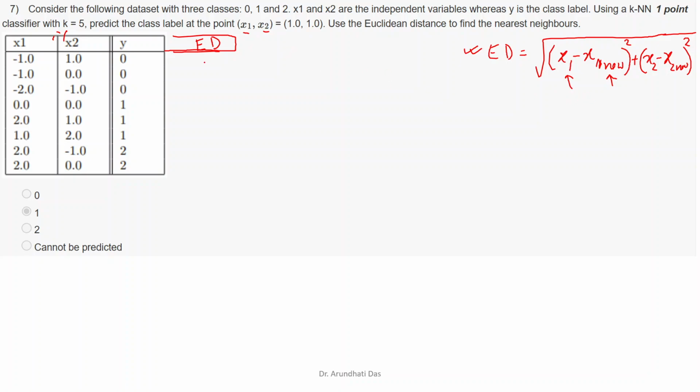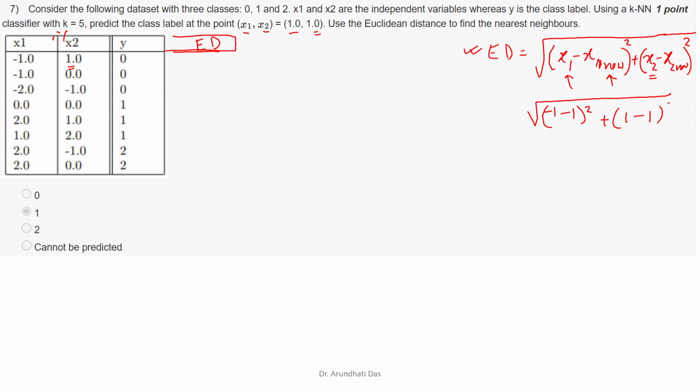Here, following this formula for the first data point, the first data point x1 value is -1 and the new data point x1 value is 1. So (-1 - 1) whole square, plus the x2 value of the existing data point, which is 1 for the first row, minus the x2 feature of the new data point, which is again 1.